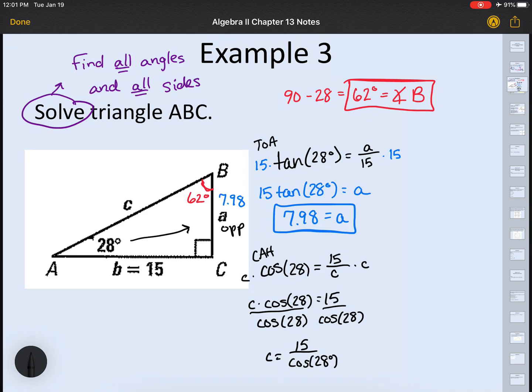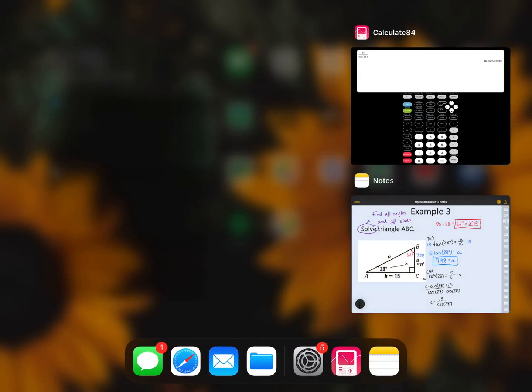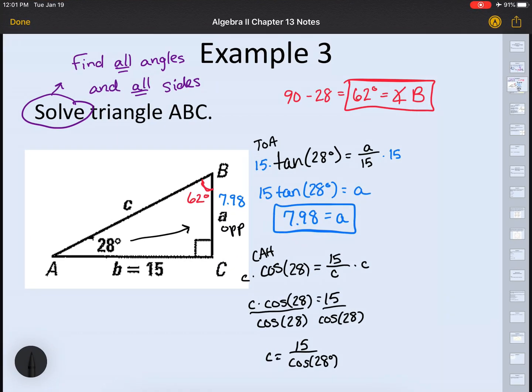Okay, so we need that in the calculator now. So C equals 15 over cosine 28, and we get 16.99, which is about 17. So it's about 17. And we don't know what units, so this is just 17 is equal to C.